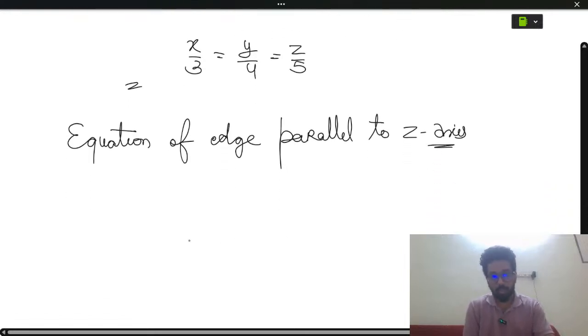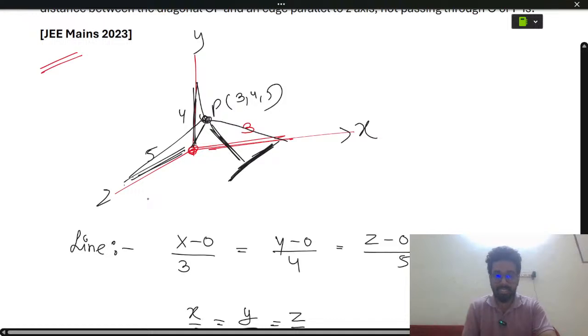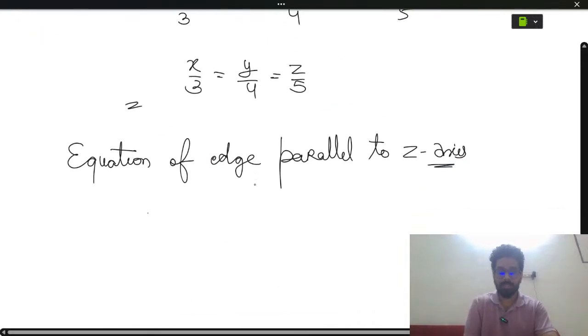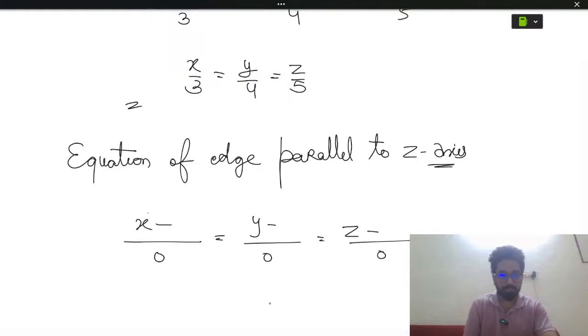Now, what is the equation of the edge parallel to z axis? You have to understand what a line along z axis is. Its direction ratio will be 0, 0, 1, meaning no direction on x, no direction on y, it's only z. So it will be (x minus something) upon 0, (y minus something) upon 0, and (z minus something) upon 1.